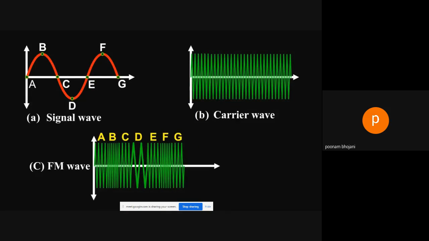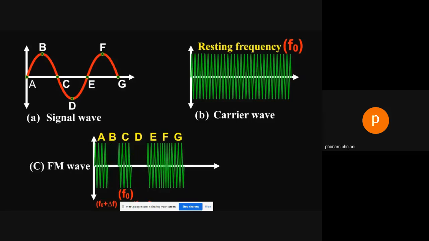The frequency of an FM transmitter without signal input is called the resting frequency or center frequency F naught, and this is the allotted frequency of the transmitter. When the signal is applied, the carrier frequency deviates up and down from its resting value F naught. The change or shift either above or below the resting frequency is called frequency deviation, del F. The total variation in frequency from the lowest to the highest is called carrier swing, CS.